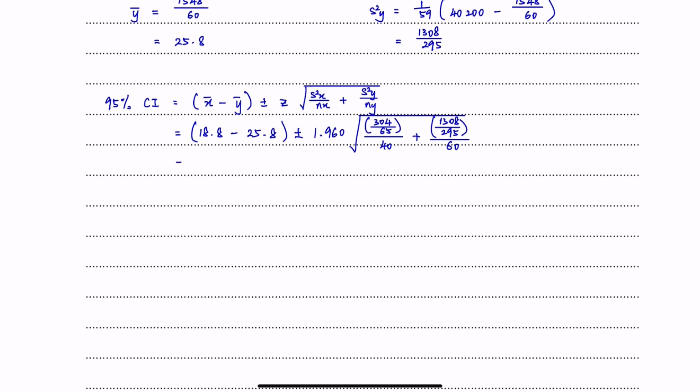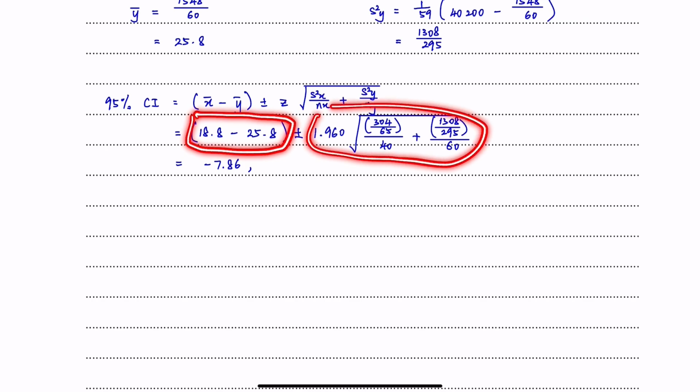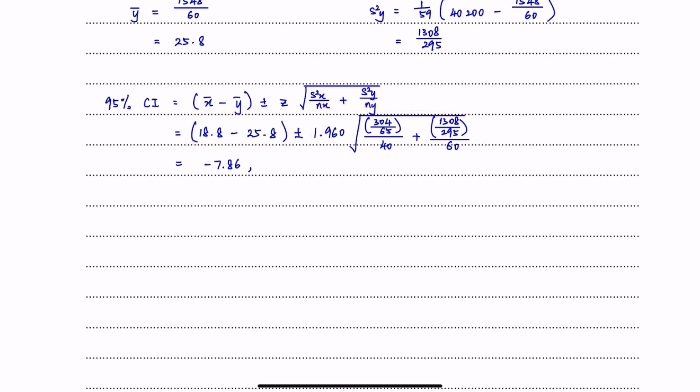So the first value would be this figure minus this figure here, and we would get negative 7.86. And for the second value, we would have this plus this, and we would get negative 6.14. And we square bracket them. And this would be the answer.